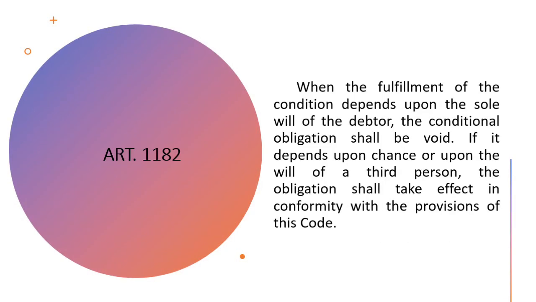This is so because the provision of the first sentence of Article 1182 extends only to conditions which are potestative to the obligor or debtor. Besides, the creditor is naturally interested in the fulfillment of the condition, since it is only by such fulfillment that the obligation arises or becomes effective.